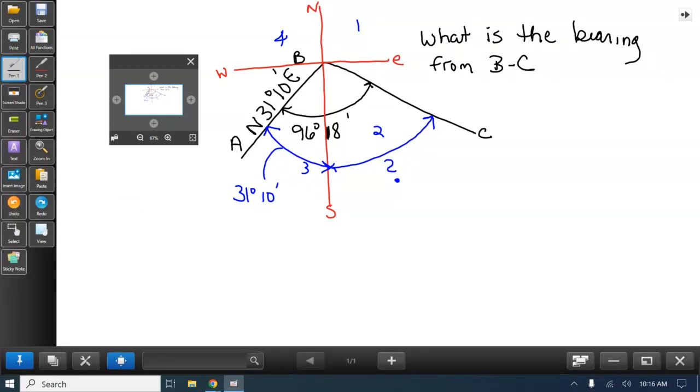How can we solve for the remainder? We've got the total angle between the two, and then we have the angle from the line to the south. How can we get the bearing on that line, which is what I'm looking for? You do 96.18 minus 31.10, and then the bearing would be south, whatever the answer is, east.